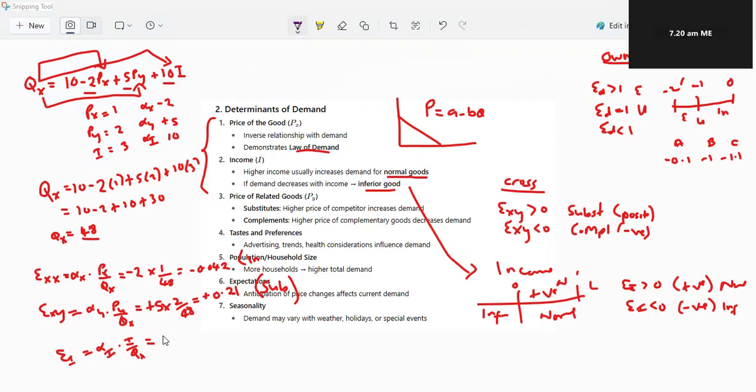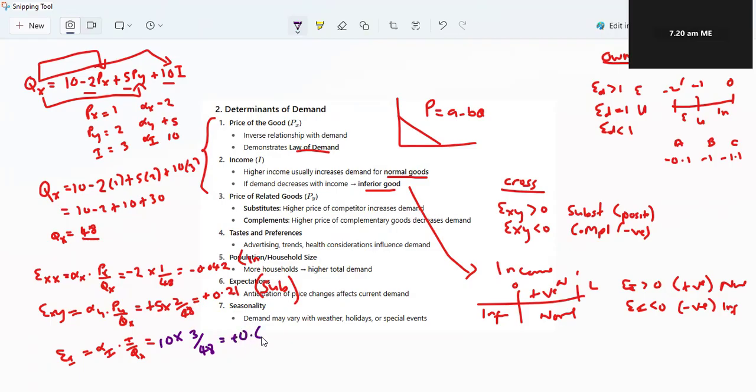Yes, 10, which is a coefficient, times 3 over 48. What do we get as a final answer? 0.625. Positive 0.63.